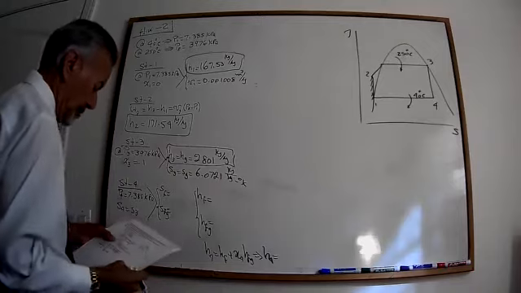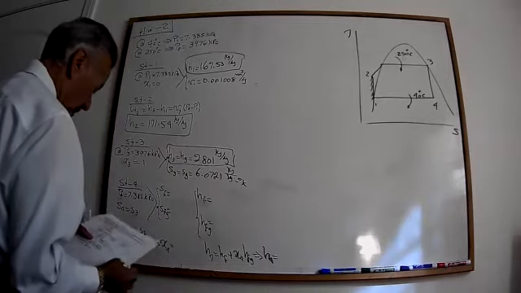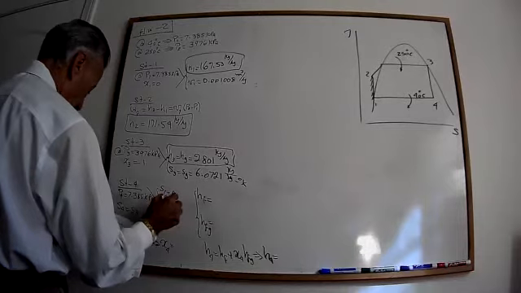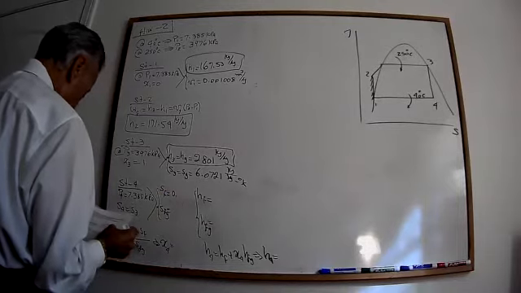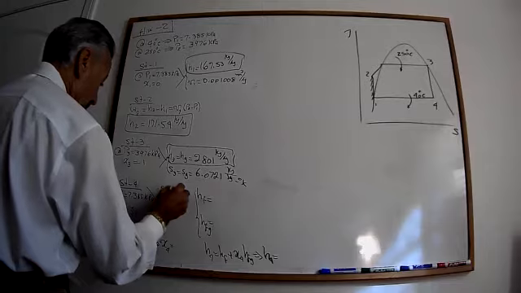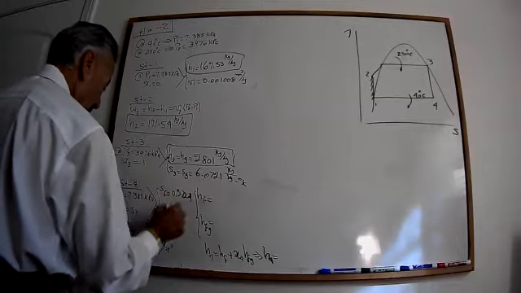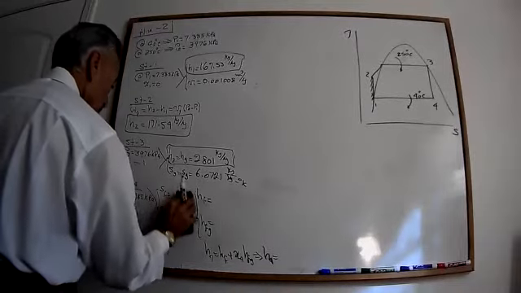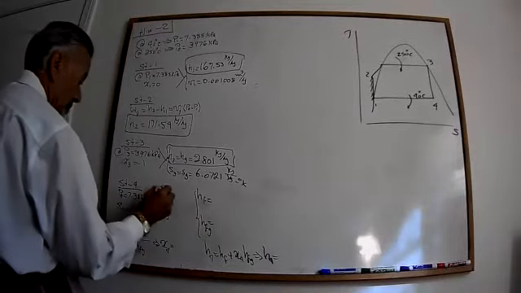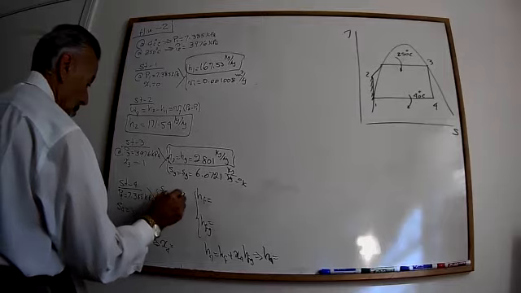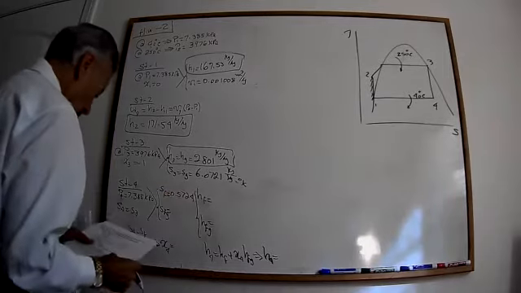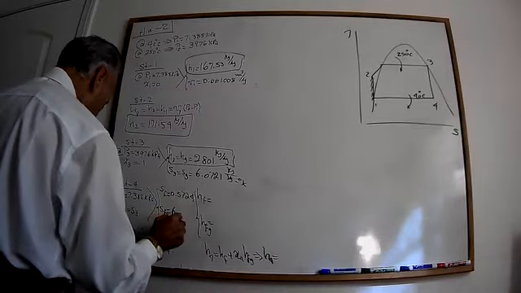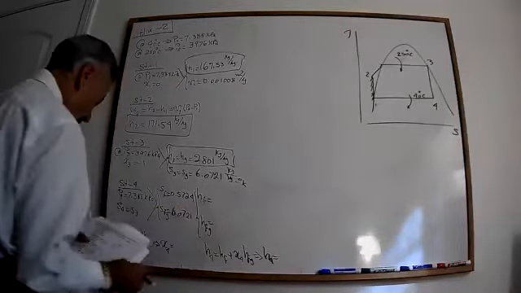Point 4 is in a mixture, so we have to go through this process. S of F would be 0.5724, and S of FG is 6.0721.